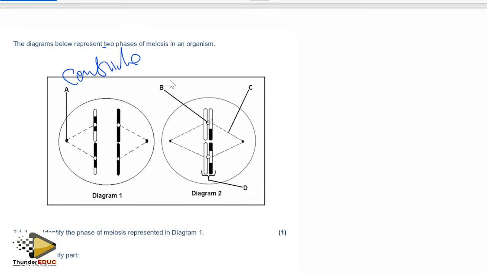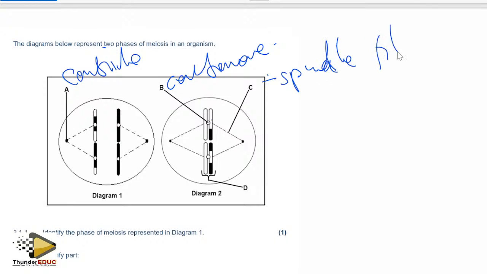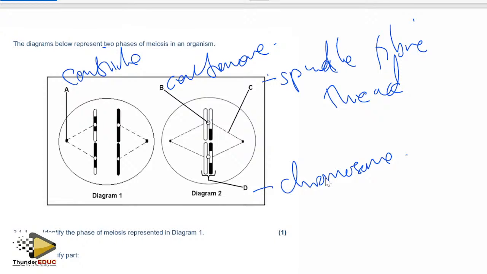This one is the centromere. These are the spindle fibers, or spindle threads. Then this is the chromosome. Remember, it's single stranded, just one chromosome.